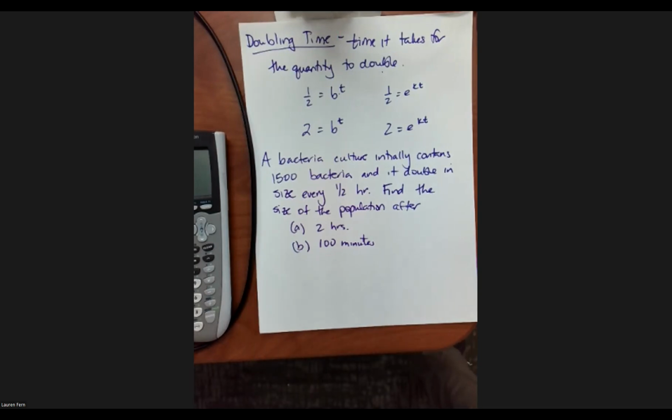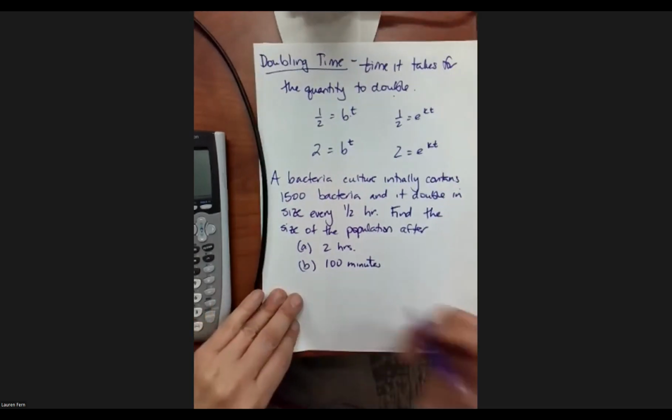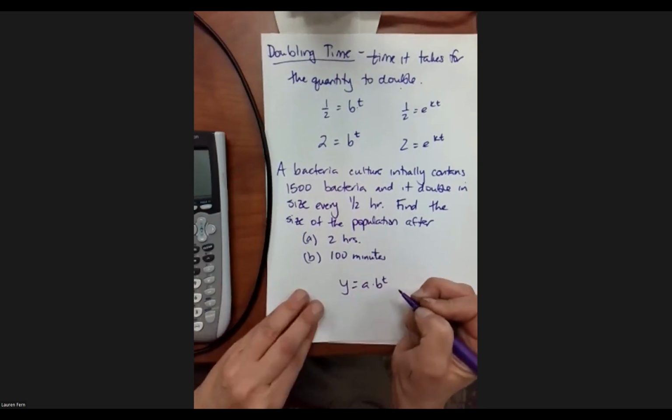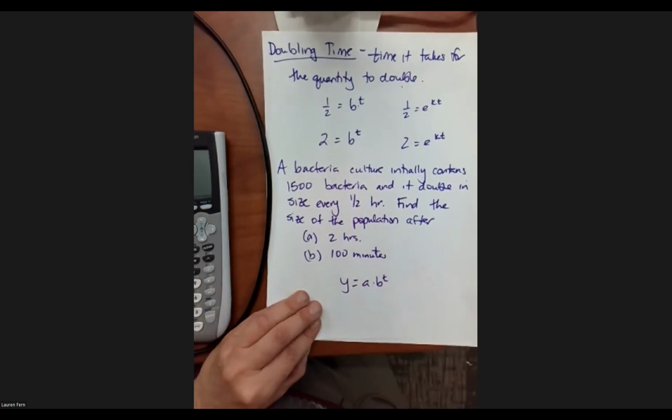Now, before we solve either one of those, don't we need the equation? Do you want me to find the equation in the form AB to the T or AE to the KT? Okay, I'm glad that we have a consensus. So we have Y is AB to the T. This time, are we given A?